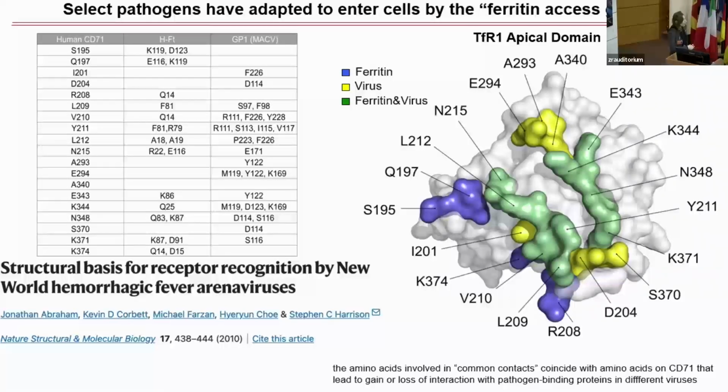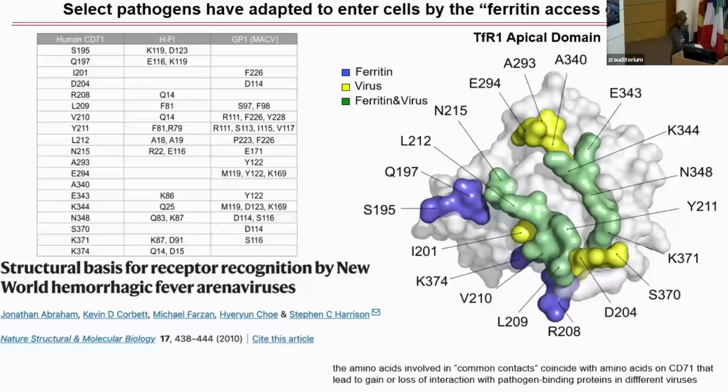So what we observed is that there are some residues, the blue ones, that are used only by ferritin, some residues, the yellow ones, that are used only by the virus, but the central part of the interface is crucially exploited both by ferritin and viruses.